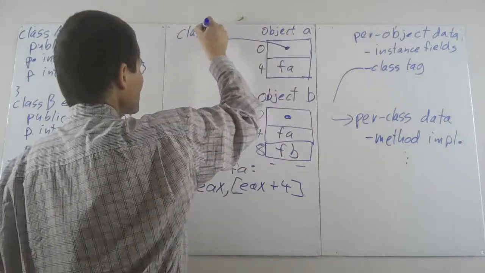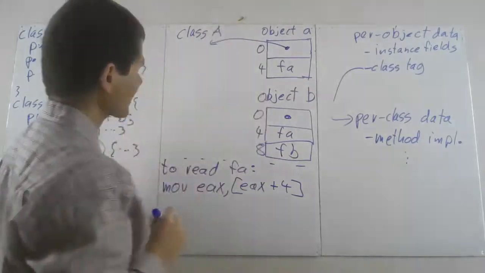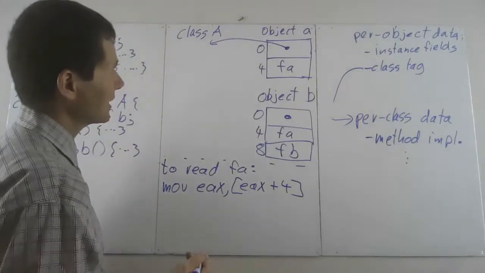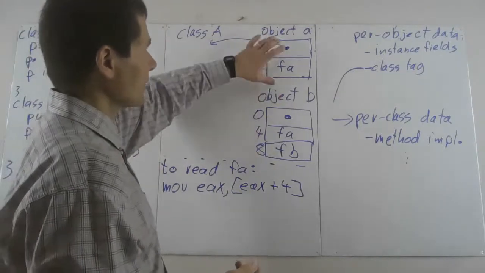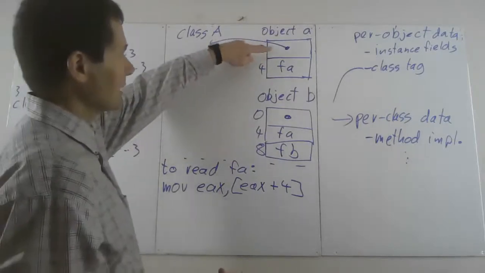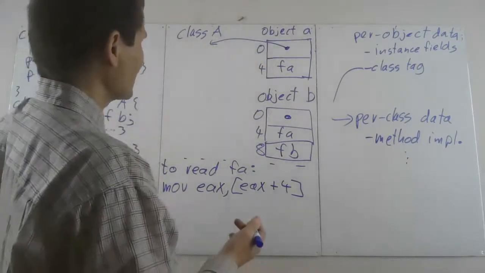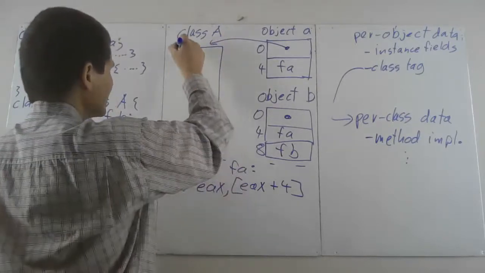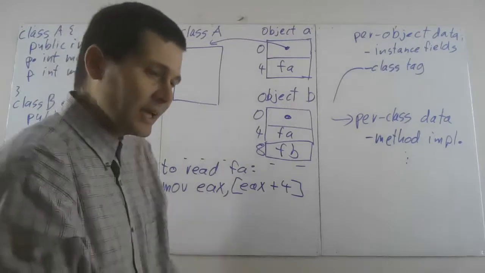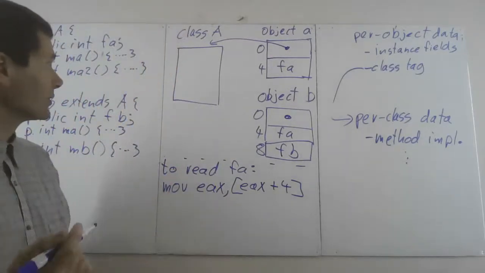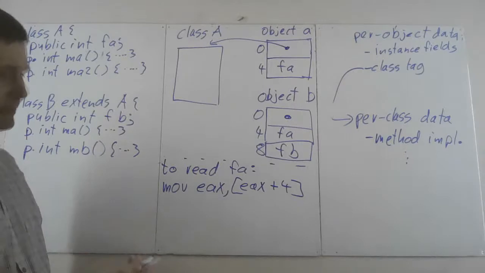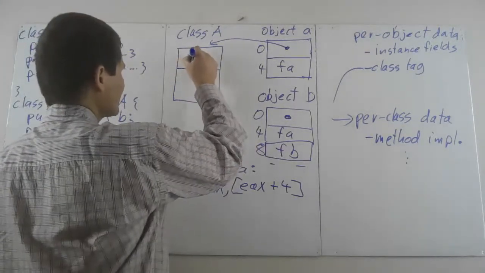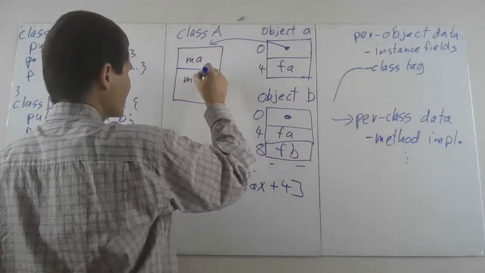I'm going to have a separate data structure for class A. All the objects of dynamic type A have their first field pointing to this single structure for class A. In class A, I'm going to have a list of pointers to the implementations of all the methods of class A, in this case MA and MA2.